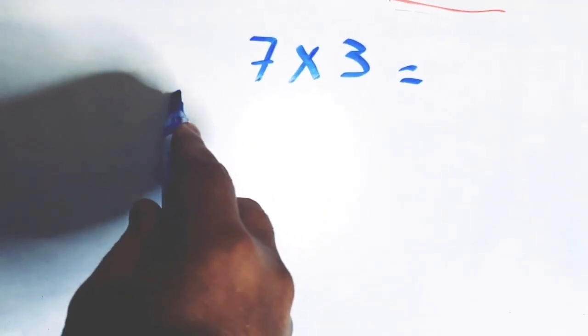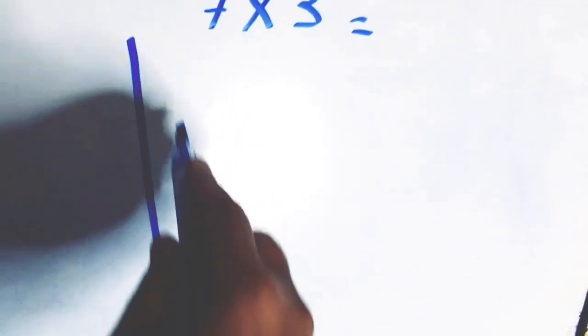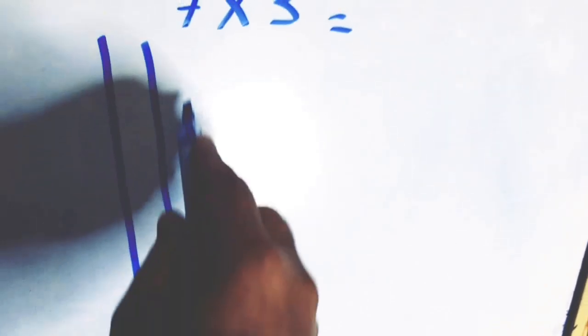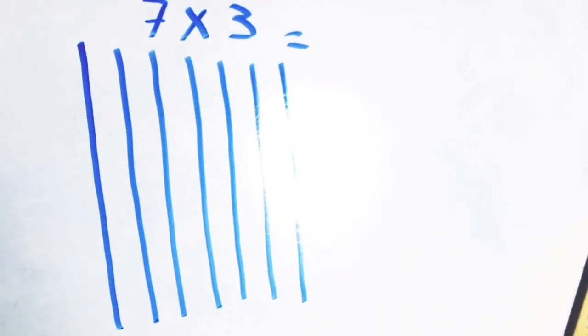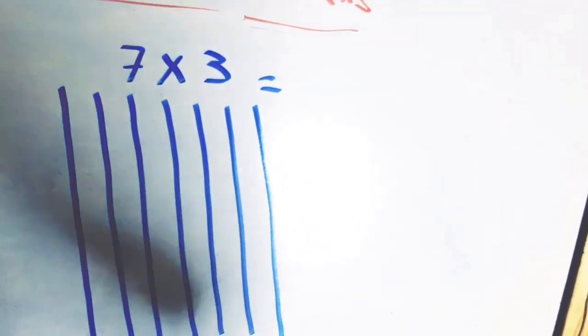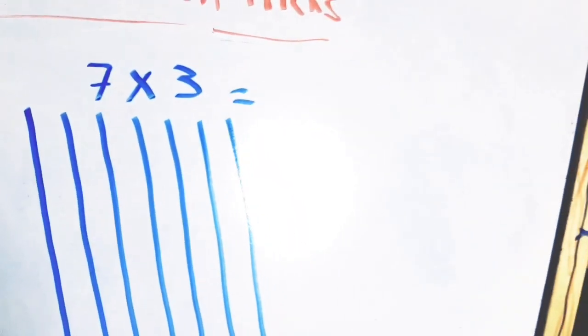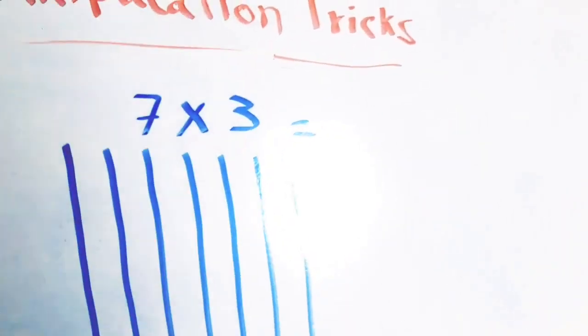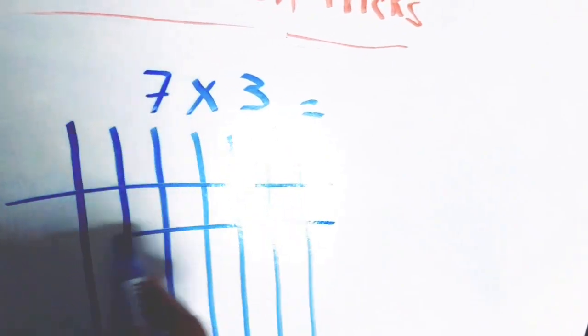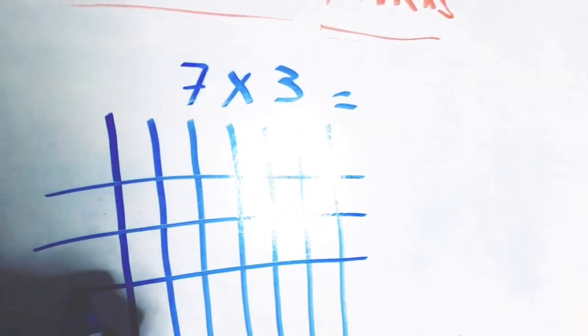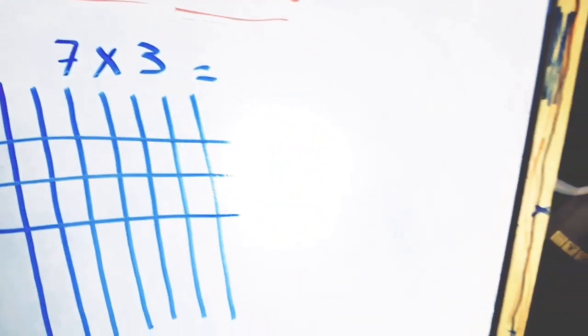We draw 7 vertical lines of 7. Okay, we have 7 vertical lines. After that, we look at the second number, which is 3. We draw 3 horizontal lines, which represents 3.